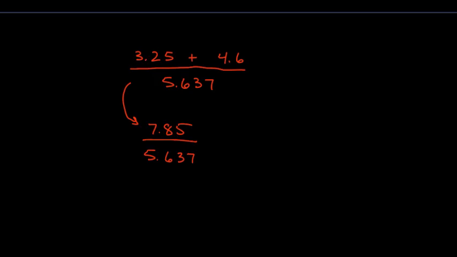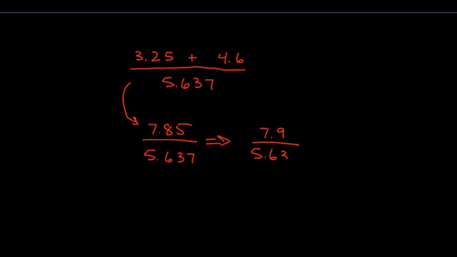According to the sig fig rule, from this first step to the second step, we should be going to the fewest number of decimal places, which means that the 7.85 here actually becomes 7.9.